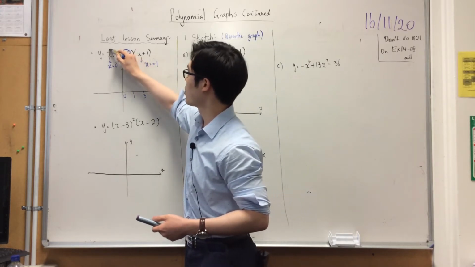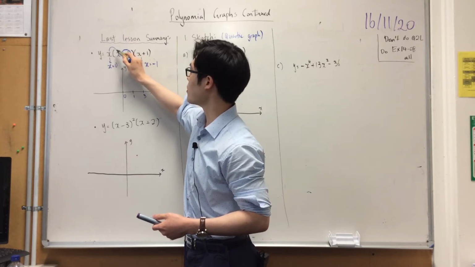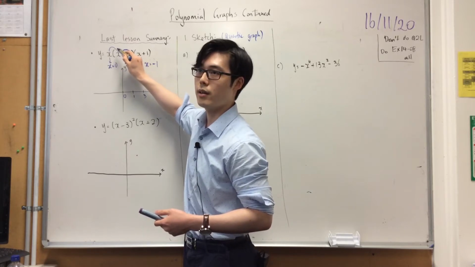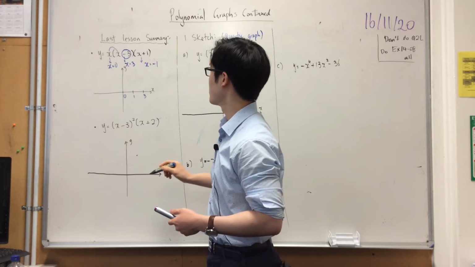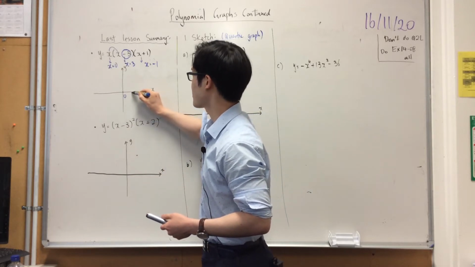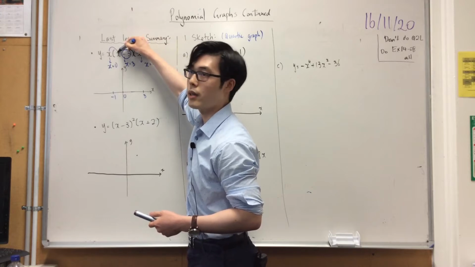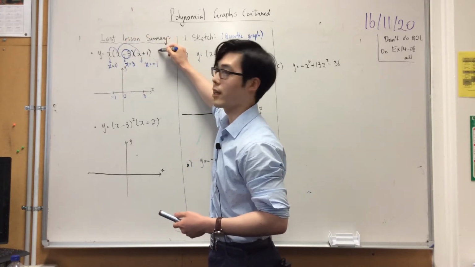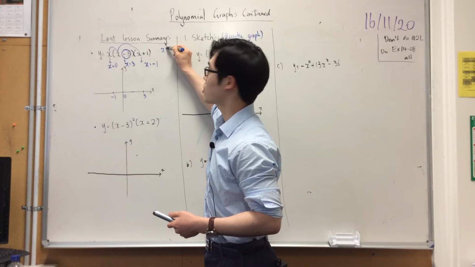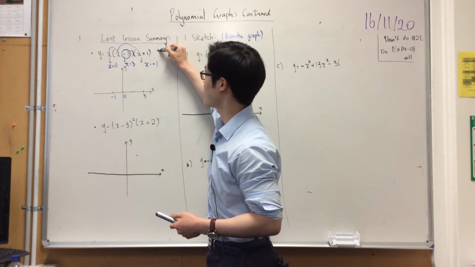And if you multiply the x's out, you know how x times x is x squared? And if you times it again with the next bracket, what do you get? x cubed, but it's positive x cubed.